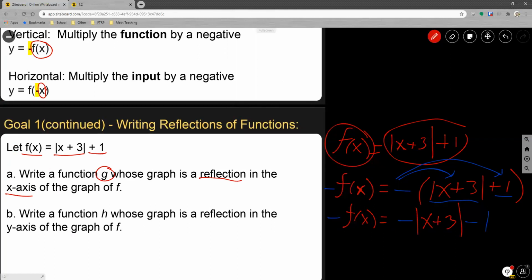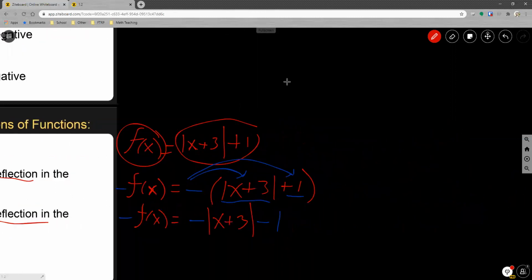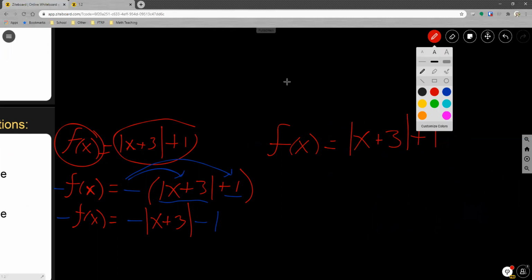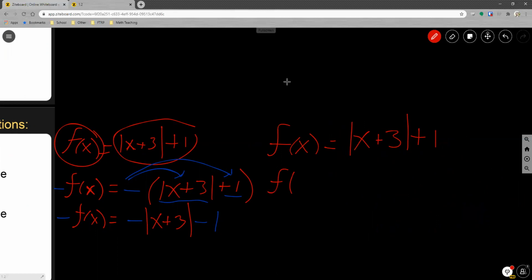So same thing again, let's do function h. Again, it's a reflection of the y-axis, so it's going to be a horizontal reflection of the graph f. This one's actually a little easier to write this time. Again, f of x is equal to the absolute value of x plus 3 plus 1. And what I'm doing this time is I'm doing a horizontal reflection.